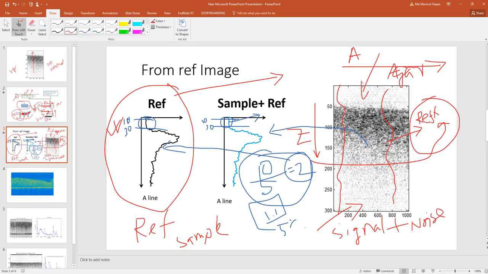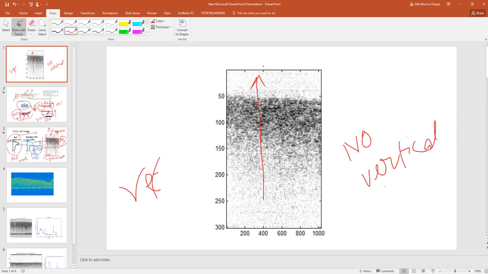Just one thing to remember is that we can do this method only when there is no vertical streak in the image.